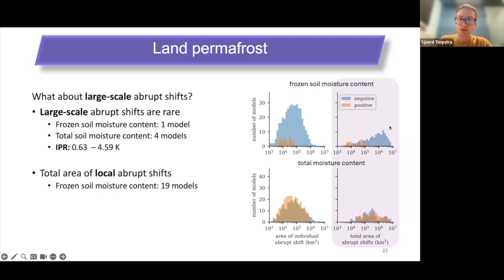And you can see again in the frozen soil moisture content, you have way more negative shifts, so a lot more disappearance of permafrost. And these areas add up to quite an extensive surface area in models, reaching more than a few million square kilometers. The spread itself of when it happened is quite high. So between 0.6 and 4.5 degrees of global warming do we see these shifts over the different models.